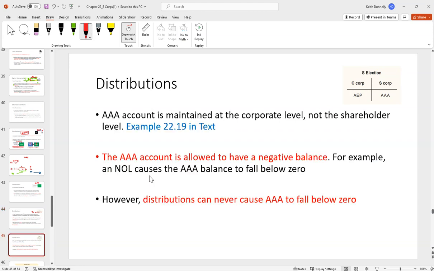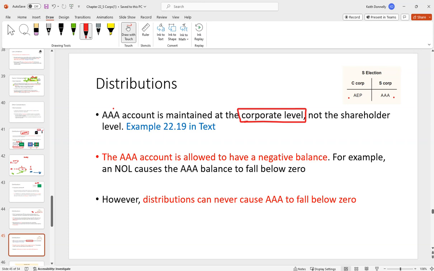And in this framework, a couple things you've got to be aware of. The first thing is this is tracked at the corporate level, not the shareholder level. Whenever you did a retained earnings equation, that was for a financial statement, for an entity, for the business. We don't do this for each shareholder. We do it for the business to help determine the effects of a distribution on the shareholder. With the AEP and AAA, they're maintained at the corporate level.